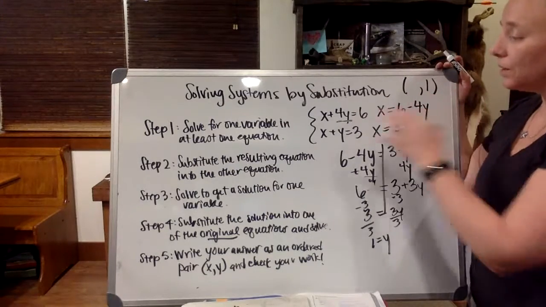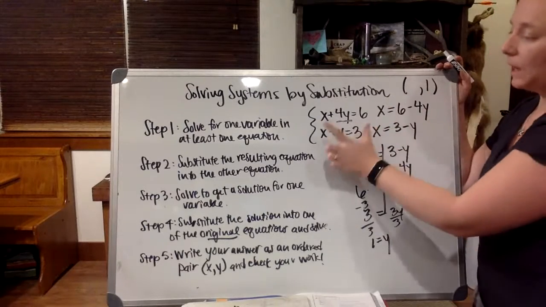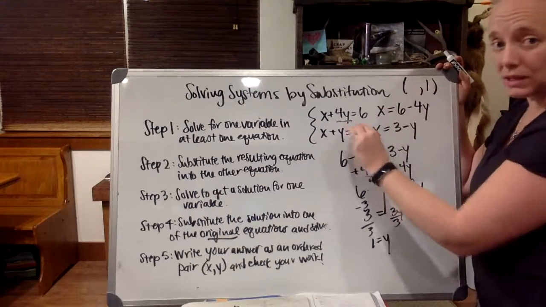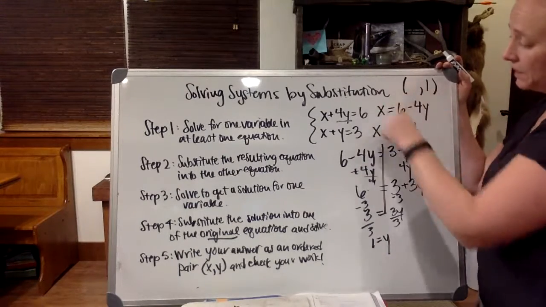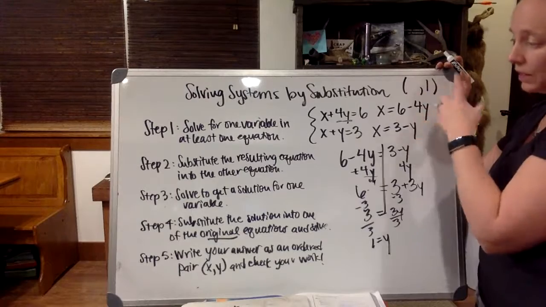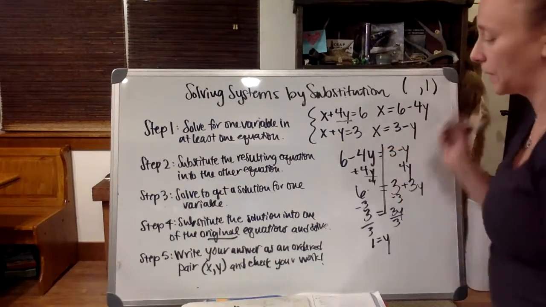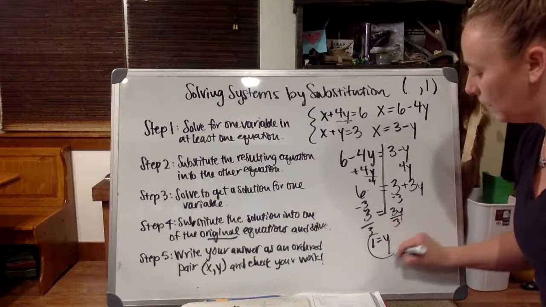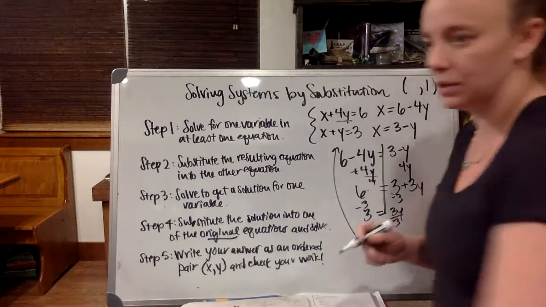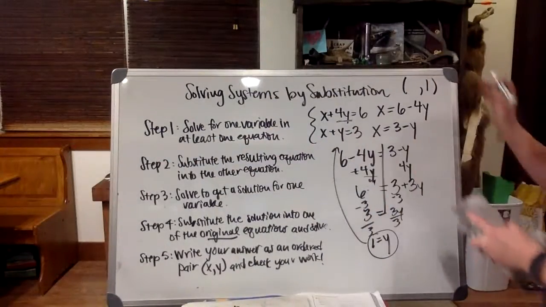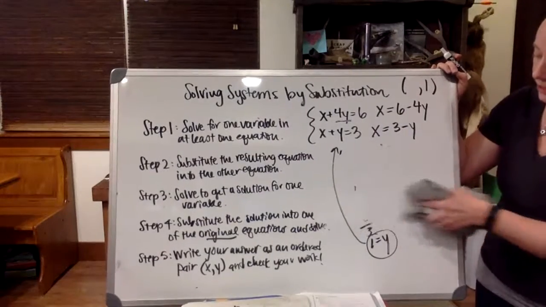Knowing that I made sound moves, I could potentially put them here, but I always suggest you go back all the way to the original equation, just in case something did go wrong that you didn't realize. I'm going to use this second equation because it's a little less complicated. I'm going to put this 1 for y into this equation, and I have no room to do that now. Sorry, we're going to erase some of this so I can actually do this.